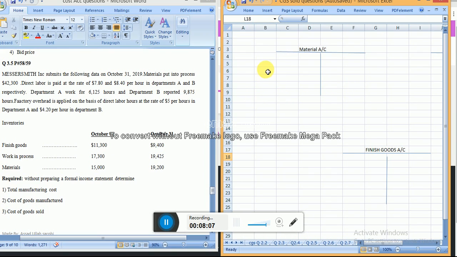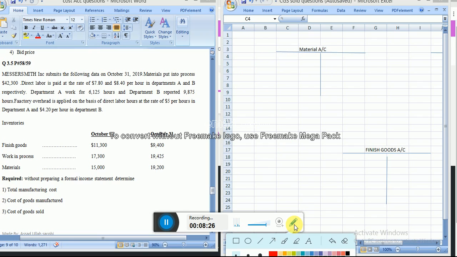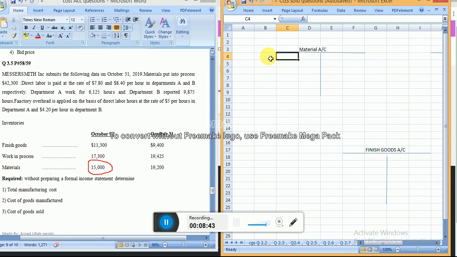Okay, so we will first start the material account. This is the month of October. We will check whether we have some remaining material from the previous month, September, or not. In the question, if you look, the 15,000 material we record on 1st of October. It means that these 15,000 material is the remaining material of the month of September.